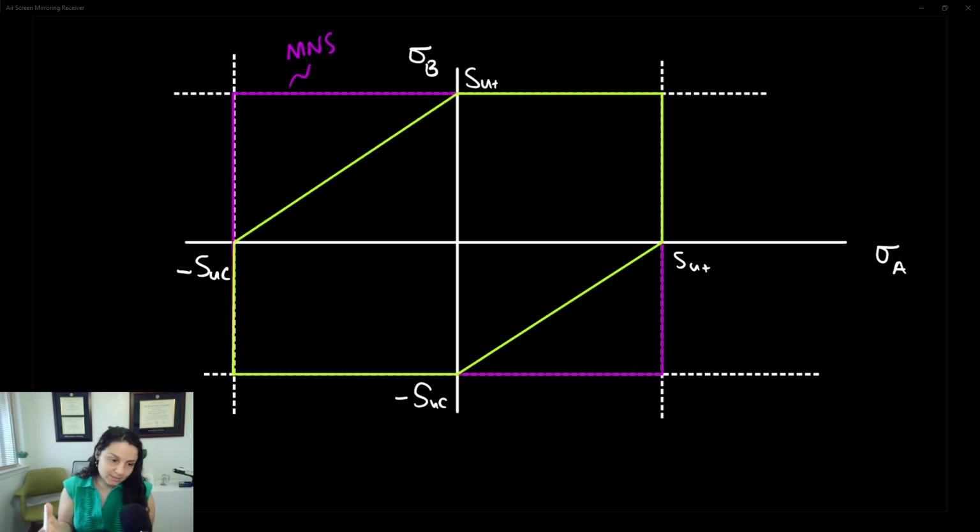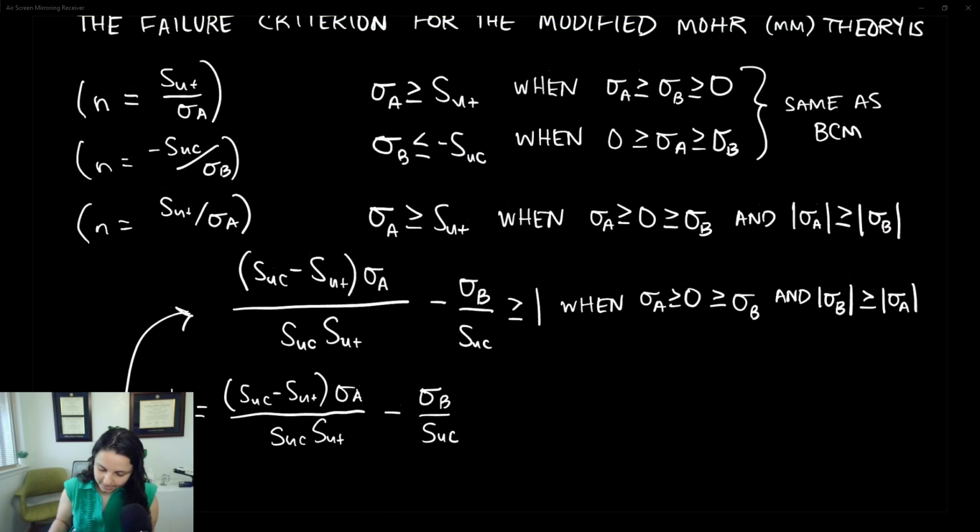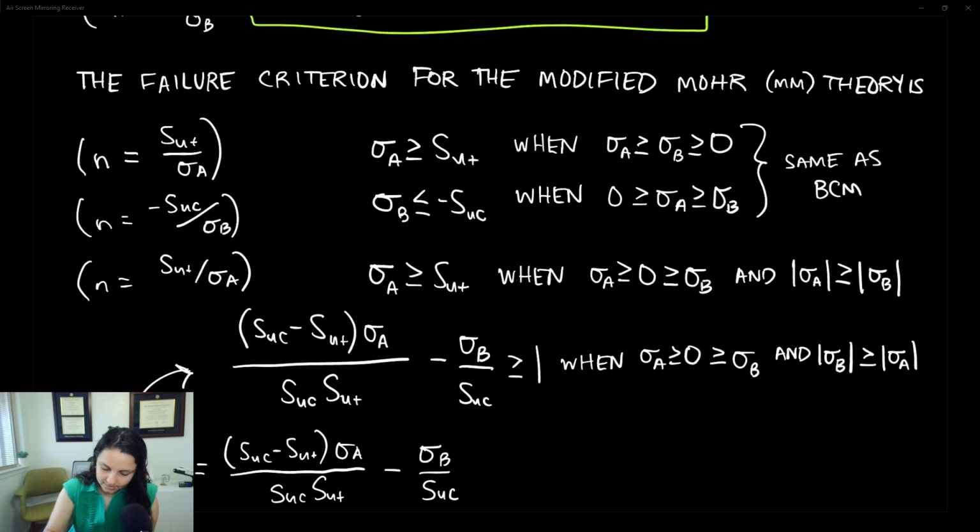Usually compressive strengths are greater than the tensile strengths. And maybe I'll draw one more form of this before we wrap up the video. But before I do that, let's draw the modified Mohr theory in here. So let's color code this one, make it blue.